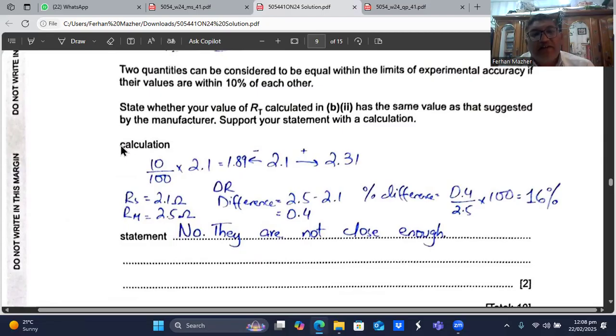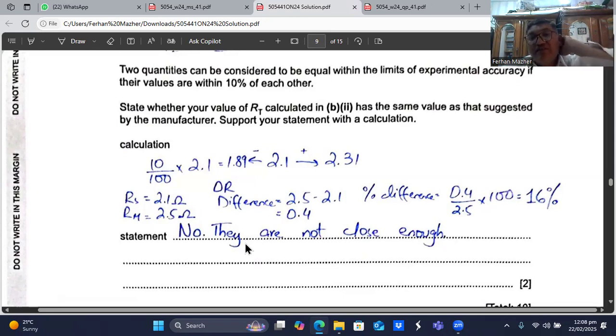The difference is, they say the value will be 2.5. We say the value is 2.1. So the difference is 0.4. So 0.4 divided by 2.5, which is the difference between the practical value and the original value, and multiply by 100. So that is 16%.